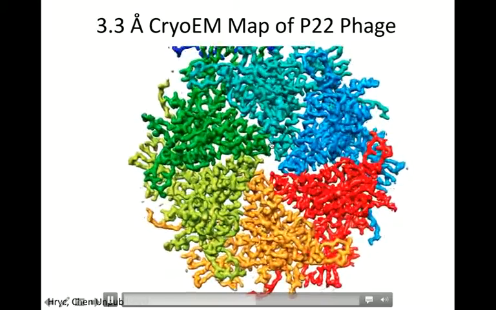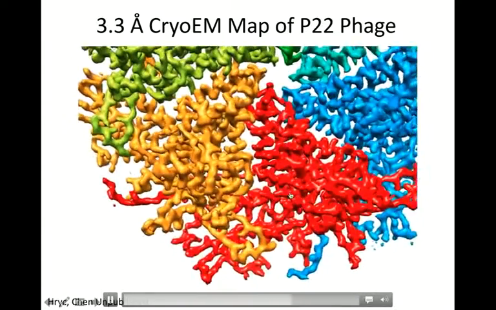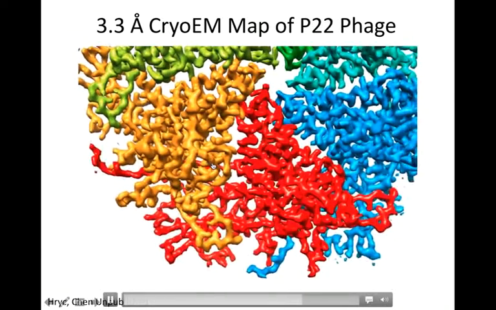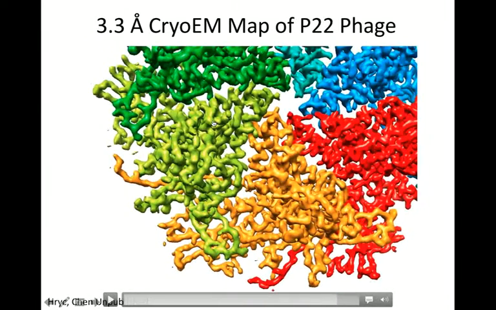And the density of this map is good enough that it allows us to delineate the molecular boundary of individual protein subunits, which we represent with different colors. Like this orange subunit has density sticking on top of the adjacent protein in red, and then when you rock this density toward the left, part of the orange subunit is tucked in the bottom part of the adjacent green subunit.